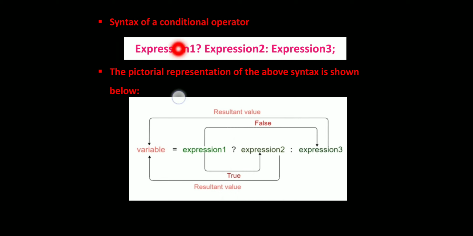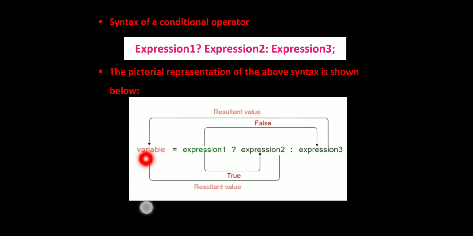Here the syntax of the conditional operator: expression 1 question mark expression 2 colon expression 3, at the end a semicolon. This is the syntax of conditional operators. The pictorial representation of the above syntax is below. See here.